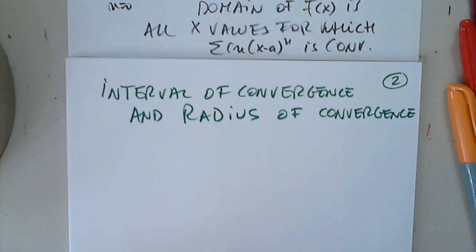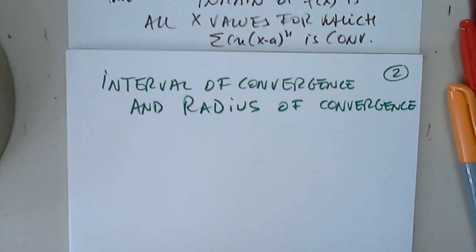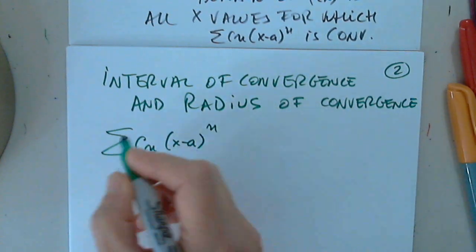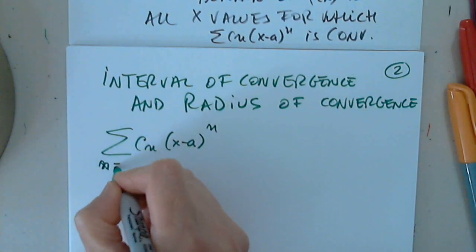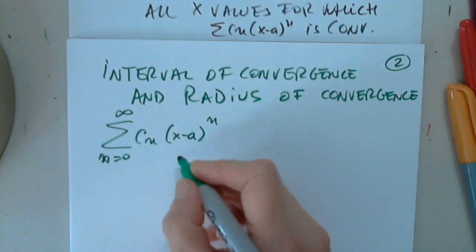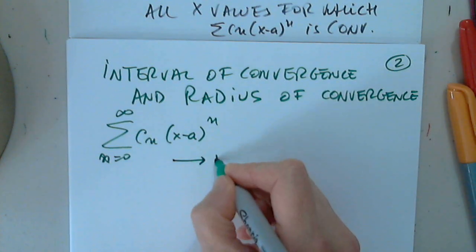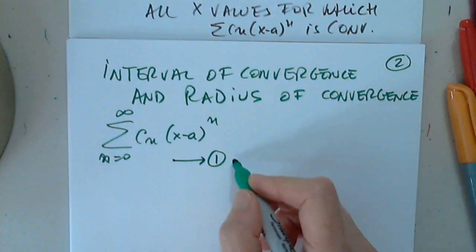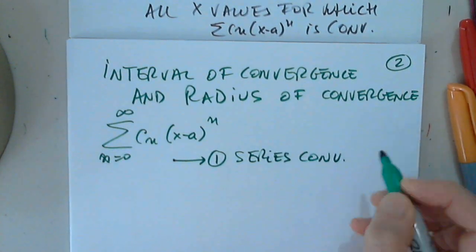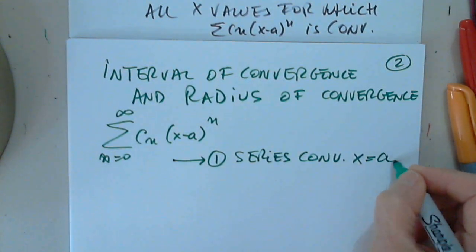Okay, so back to the general form, the sum of Cn times x minus a to the nth from n equals 0 to infinity. For such a power series, there are 3 possibilities. Possibility 1 is that the series converges only when x equals a.